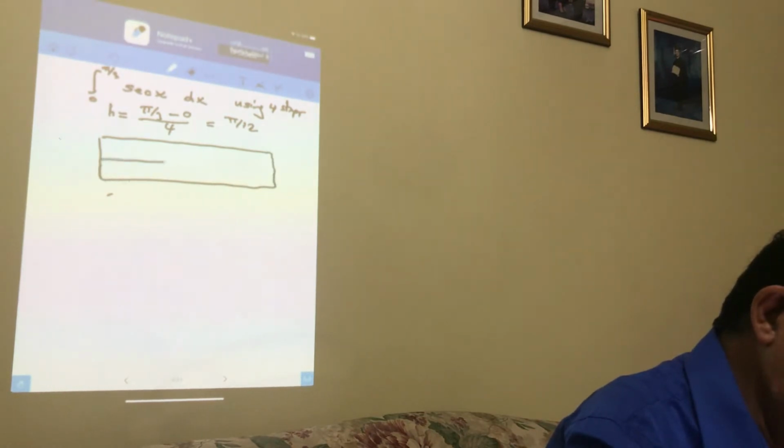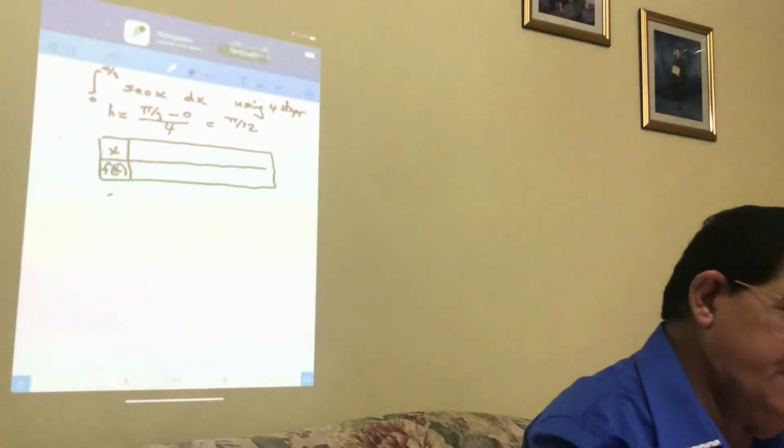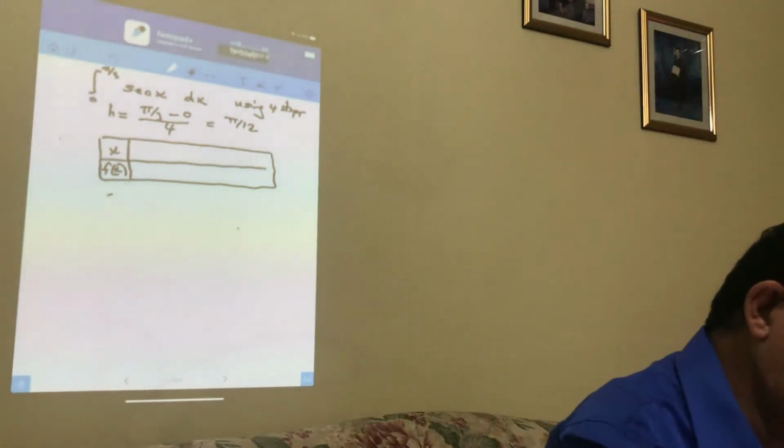The table is the value of x and the value of f of x, which we call y.